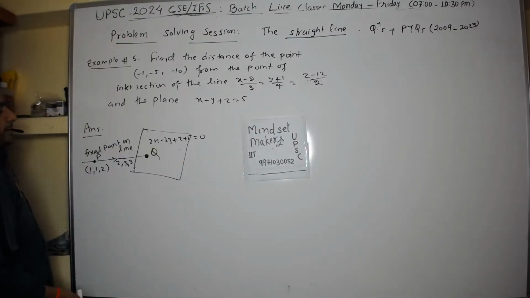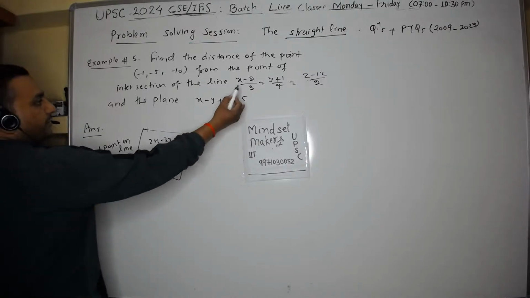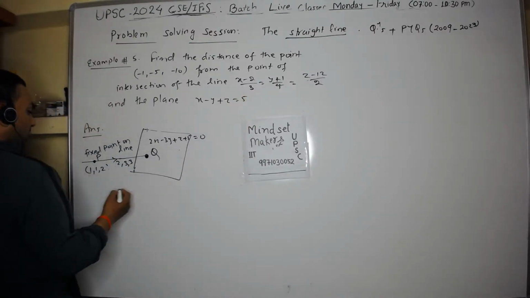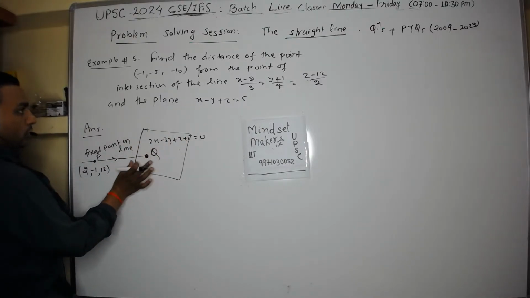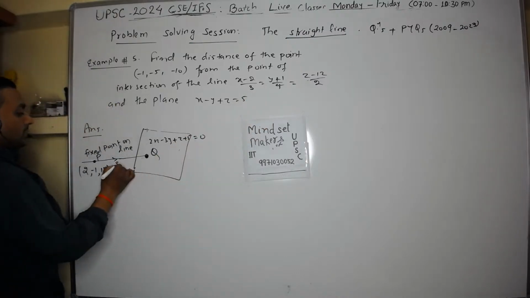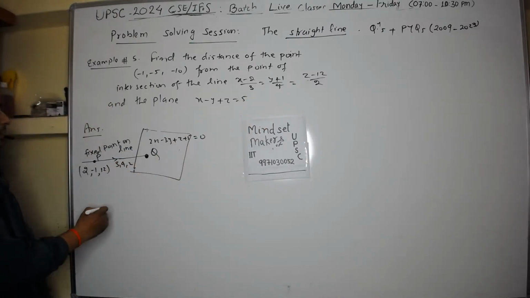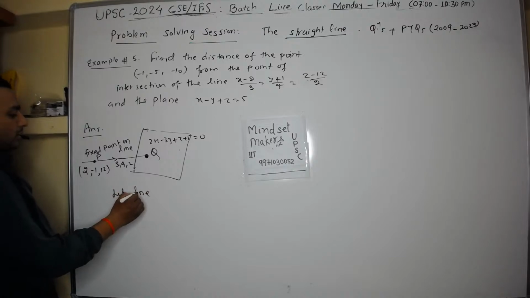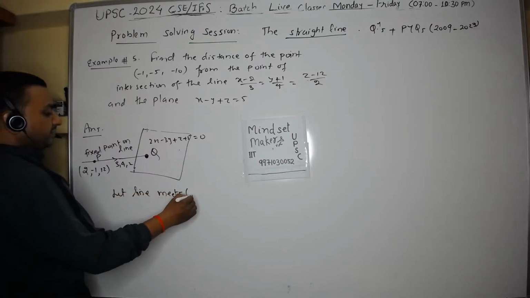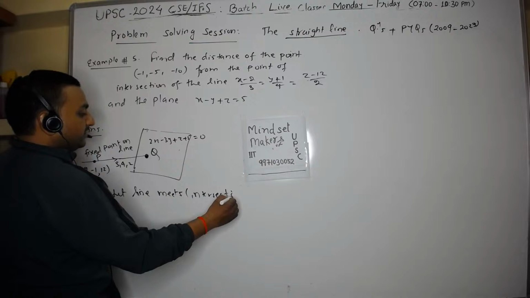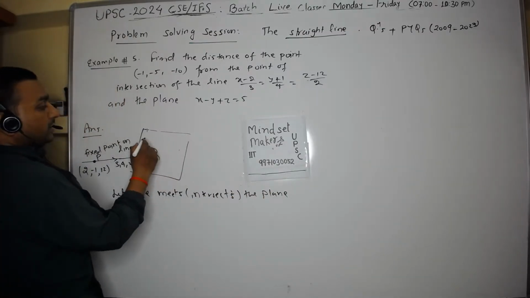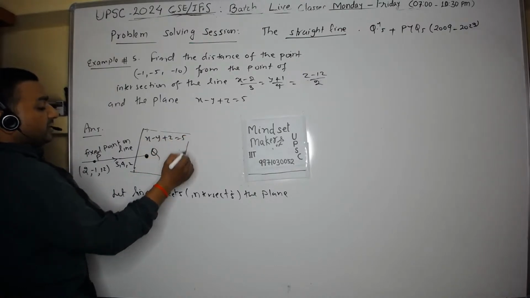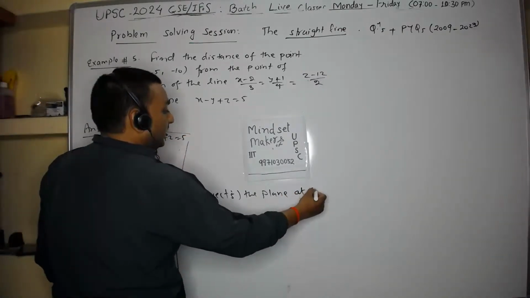Now we will see the same concept. You have a line, dear, which is passing through the point 2, minus 1, 12. DCs of the line are 3, 4, 2. Let the line meet or intersect the plane, whose equation I have changed, x minus y plus z equals 5, at q.